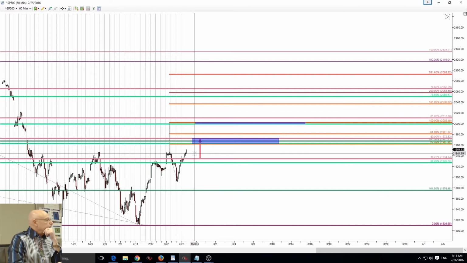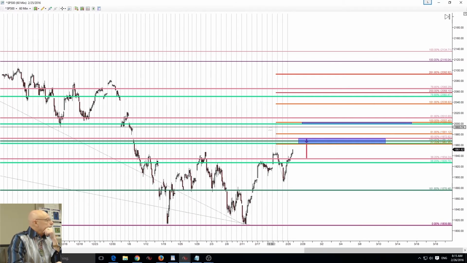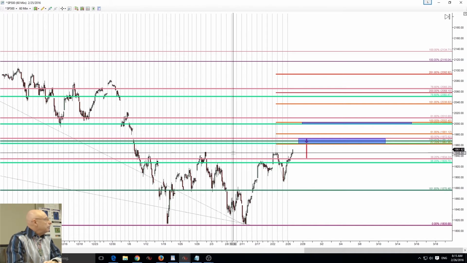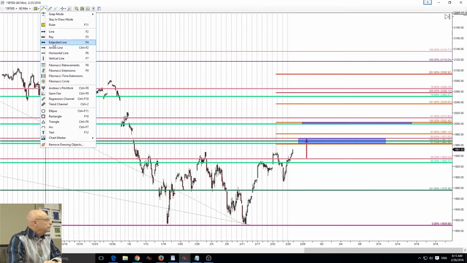It could be not just a pullback, it could be finished. This is our double bottom bullishness. So setup was here.